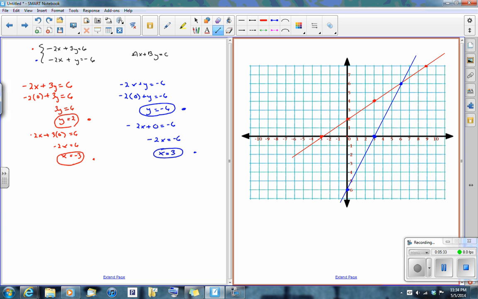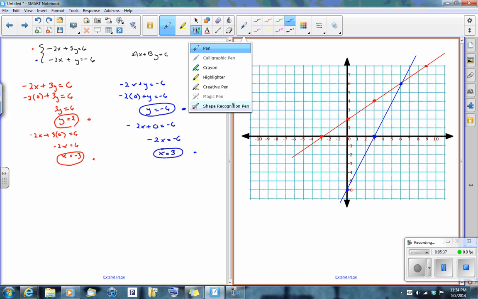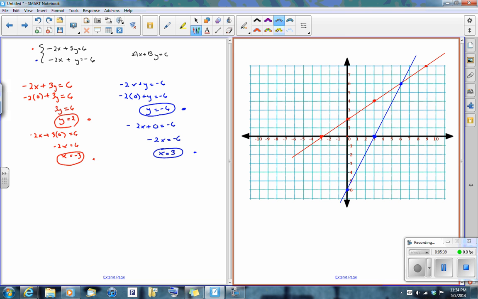See how everything lines up. And here, we'll use this creative pen. Bingo. So we find out that the solution is 6 over and 6 up. Okay, and that's the solution to the system.